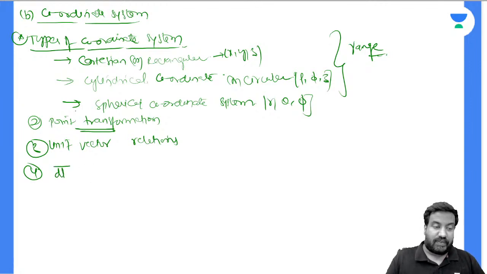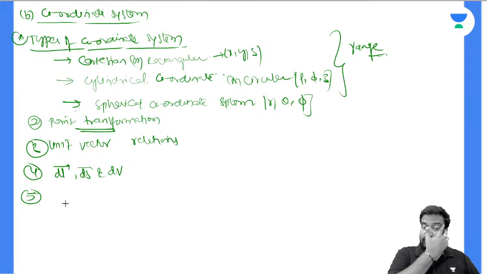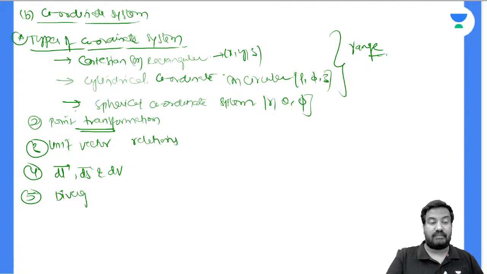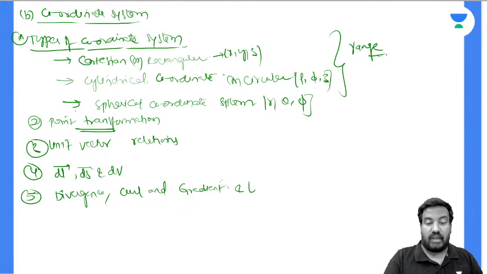Then we will see the expressions for dl, ds and dv. And also we understood how to write divergence, curl and gradient, and Laplacian.